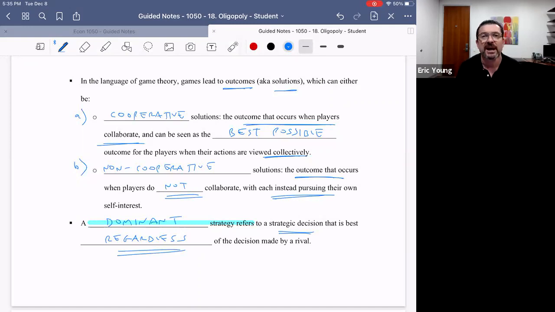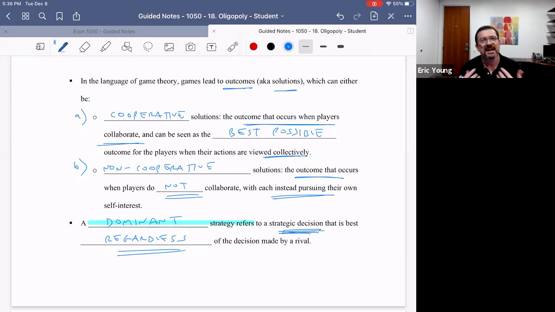A dominant strategy refers to a decision that you would make regardless of what your rival does. In other words, if your rival has several different options, and regardless of what option your rival does, your decision is still the same, you, amigo mio, have a dominant strategy.